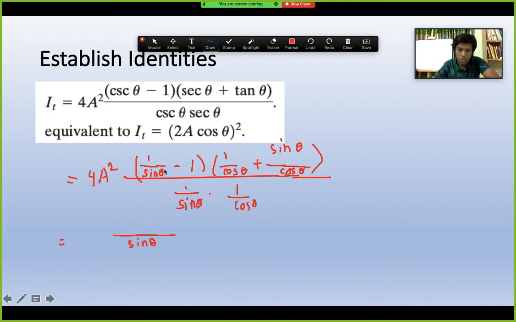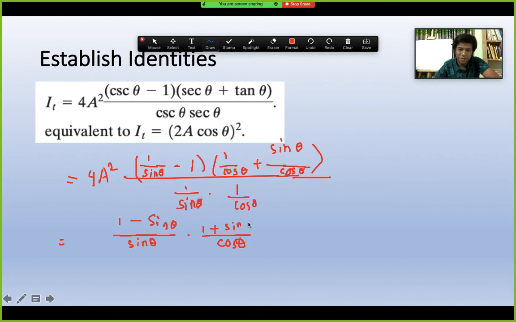We are just doing this part here, and this is 1 minus sin theta. Then this part, if we do the LCM, it becomes cos theta. Then you see, both our denominators are the same, so we can just keep it. This becomes 1 plus sin theta.